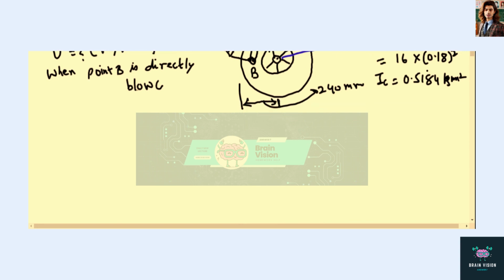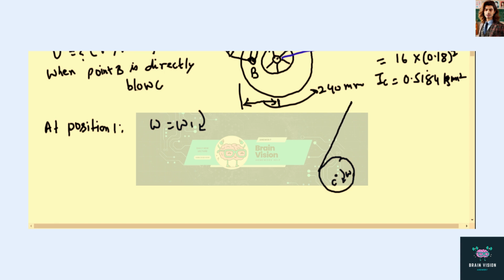Now at position 1, angular velocity is omega 1 in clockwise direction. See the geometrical view. This is the flywheel, omega 1. This is the rod AB.